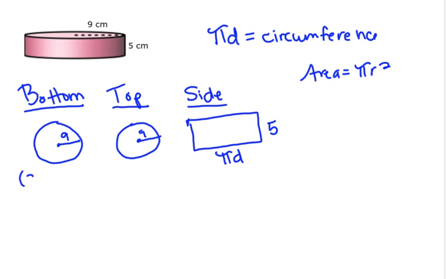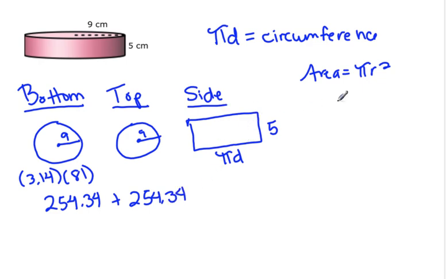So I'm going to do 3.14 times r squared, which is 81. And 3.14 times 81 is 254.34. And I'm going to add that to the same here, 254.34.